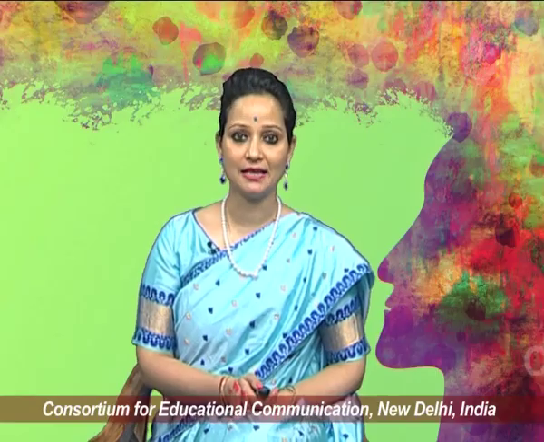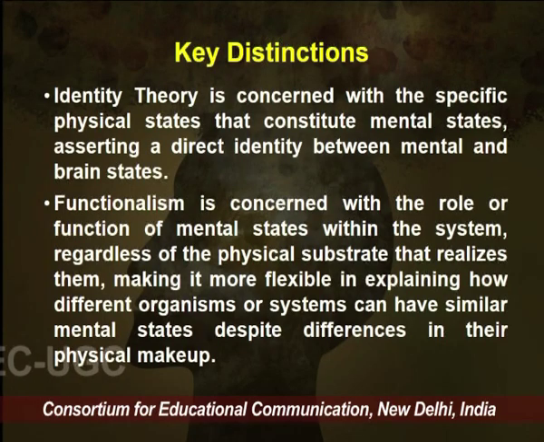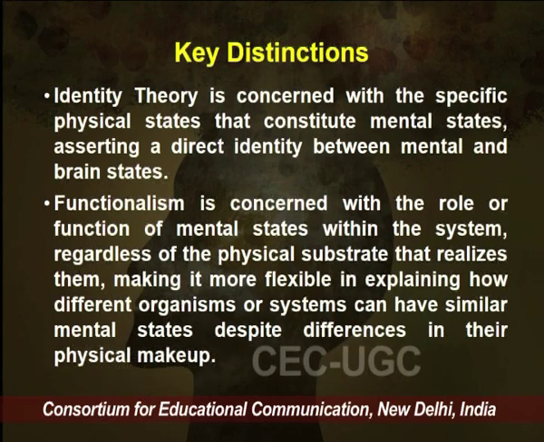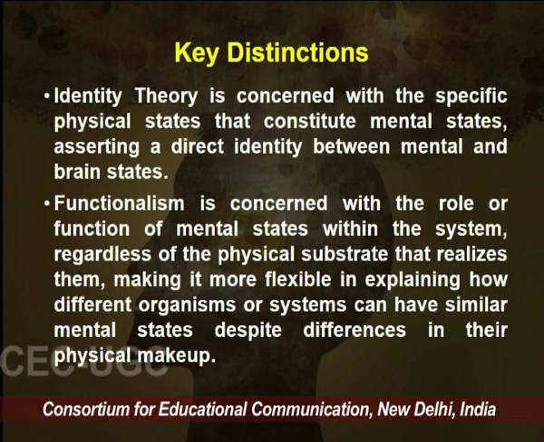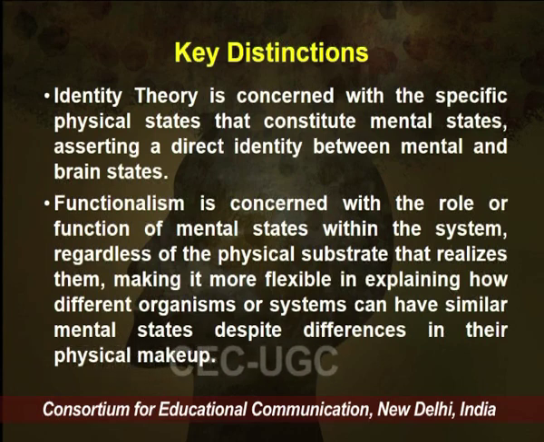Now, if we see the key distinctions between identity theory and functionalism, we will notice that identity theory is concerned with the specific physical states that constitute mental states, asserting a direct identity between mental and brain states.